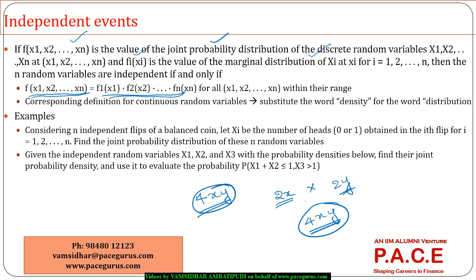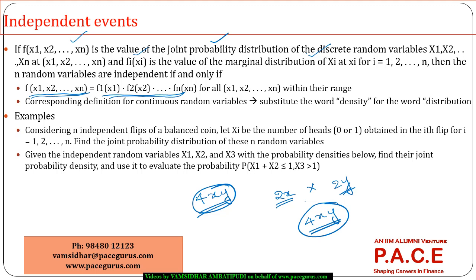So in case of discrete, I am taking their joint probability distribution and their marginal probability distributions. If the product of each of the individual marginal probability distributions is the same as the joint probability distribution, then I can say that the events are independent.